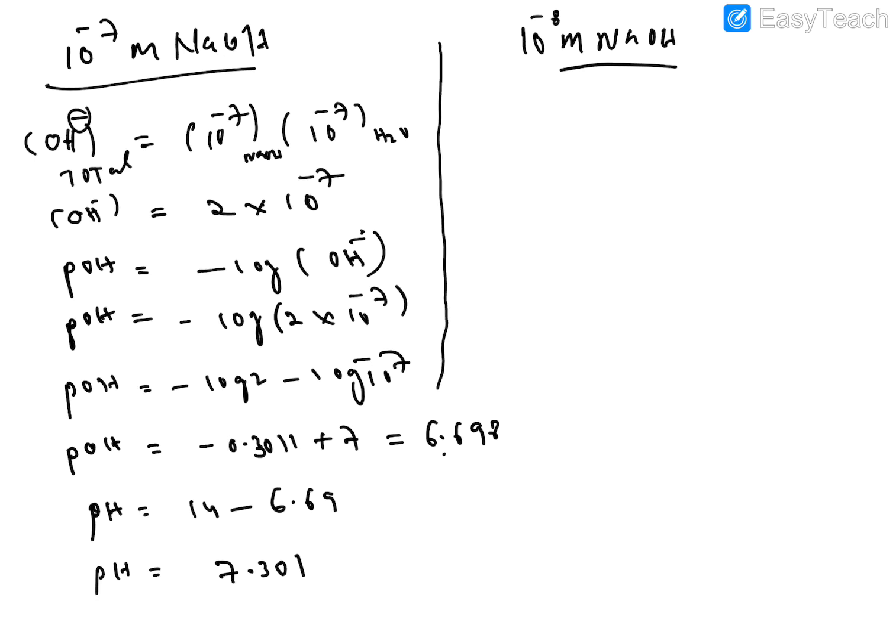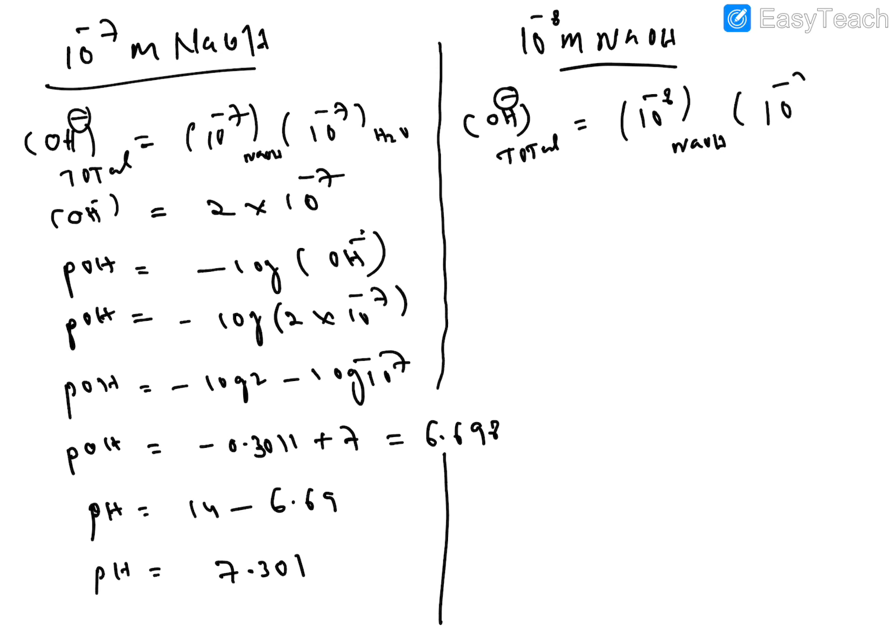And next one, for NaOH they have given a very low concentration here also, that 10 to the power of minus 8. So we will calculate here the total OH minus, the total OH minus: 10 to the power of minus 8 from the NaOH and 10 to the power of minus 7 from the H2O.